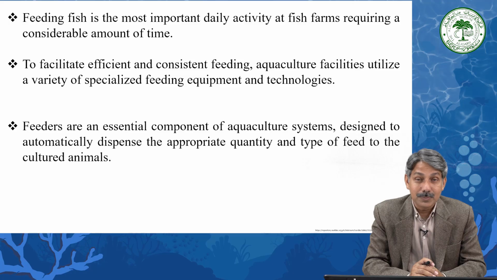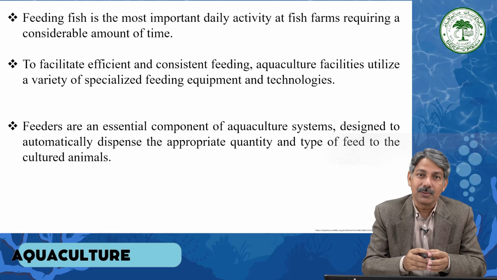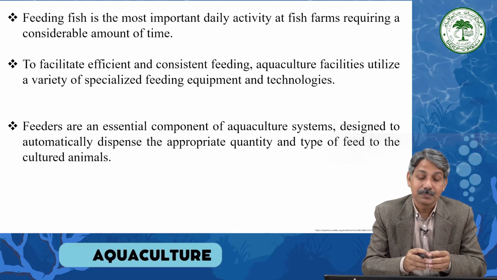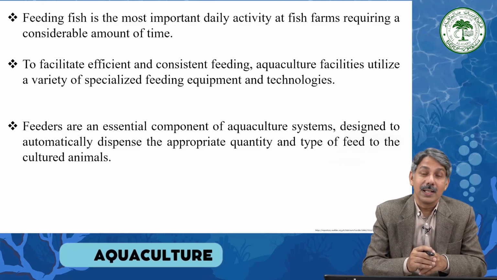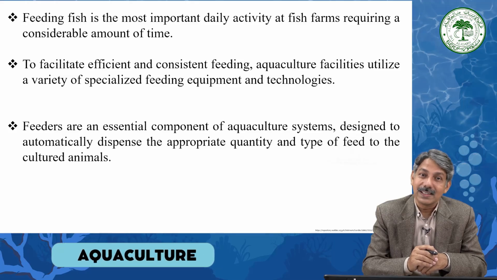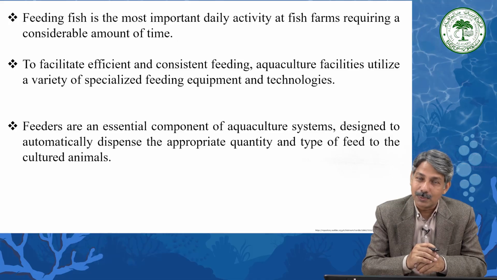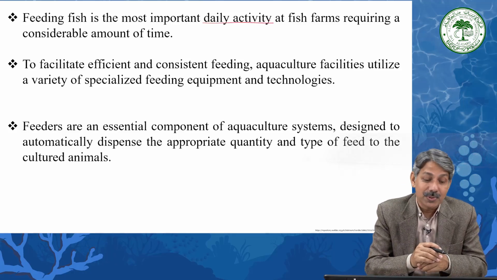And just having the right type of food that you want to provide to the fish, whether we are talking of live food or artificial food, with all the details that we have discussed in the previous lecture, if the food is at your hand, then you need to provide the food to the fish in the pond. So that process, the feeding of the fish, is a very important daily activity at fish farms.